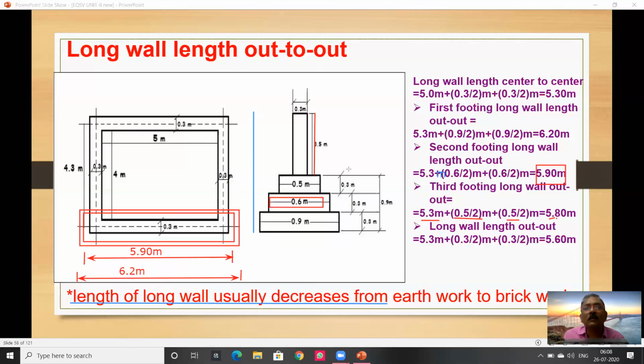In long wall calculations, the value decreases from earthwork upward. As you go up, the values decrease. This is a very important point. Remember this as a short question for your mid examinations, objective type or competitive examination.